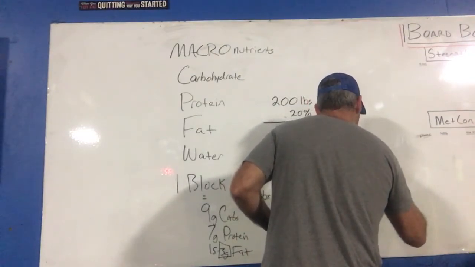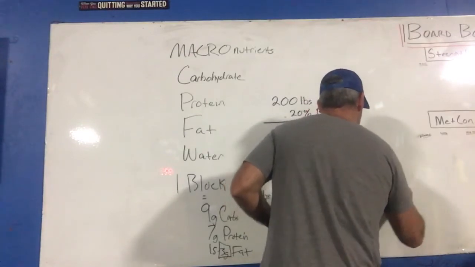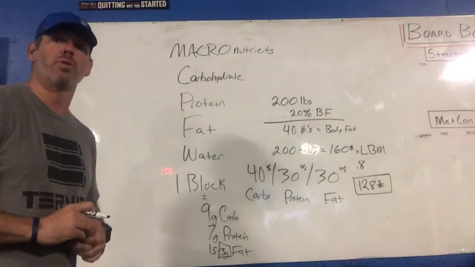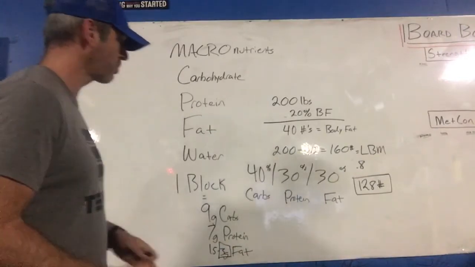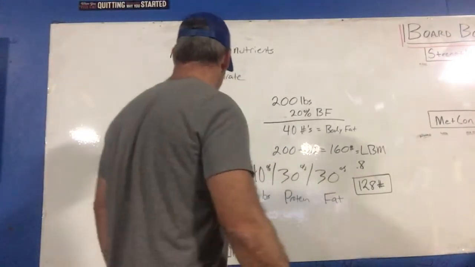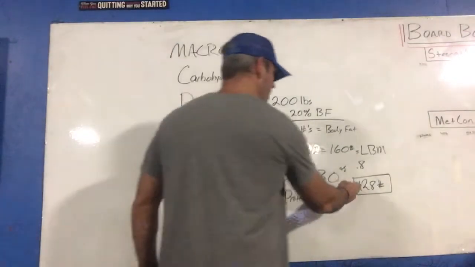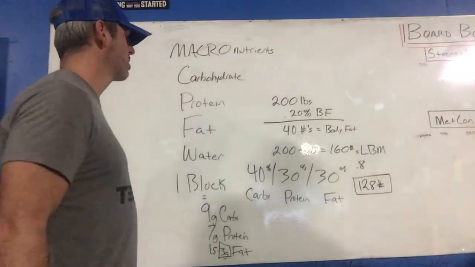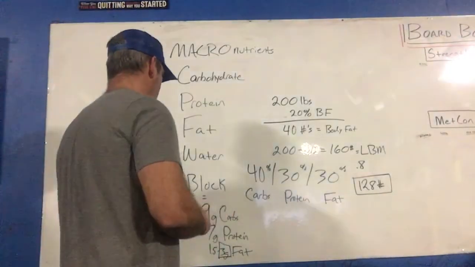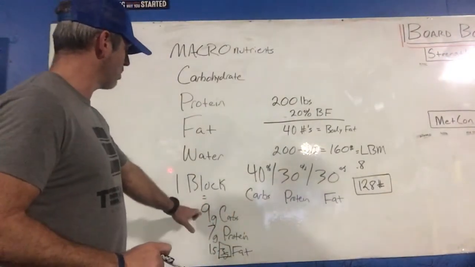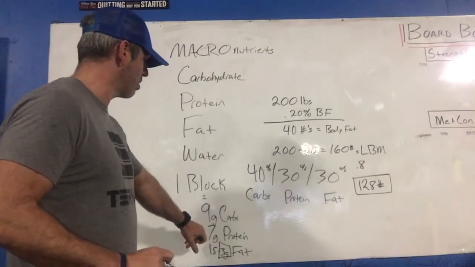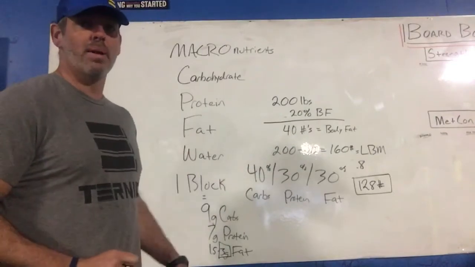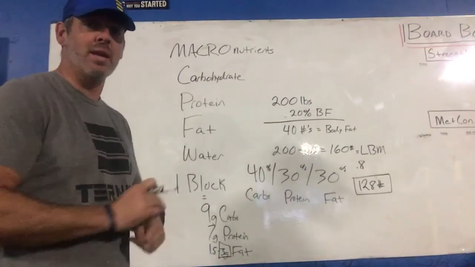So 128 is what we're going to use to determine the macronutrient prescription for this individual. This number is actually the number of grams of protein that we want this particular person to have. We know that 7 grams of protein exists in one block, so we want to figure out how many blocks are in 128 grams.